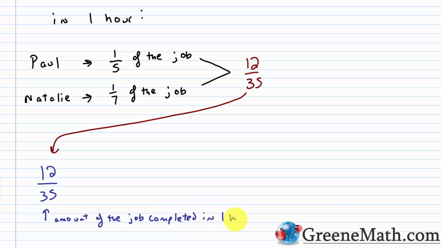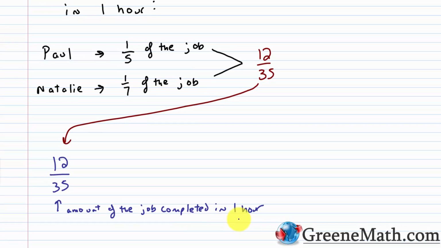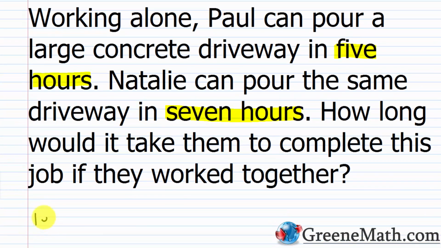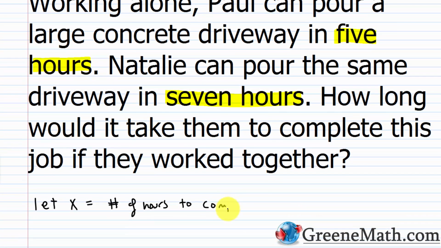in 1 hour. Now the next thing I want to do, let me kind of go back up to the problem. I'm going to let x here be equal to the number of hours to complete the job if they work together.